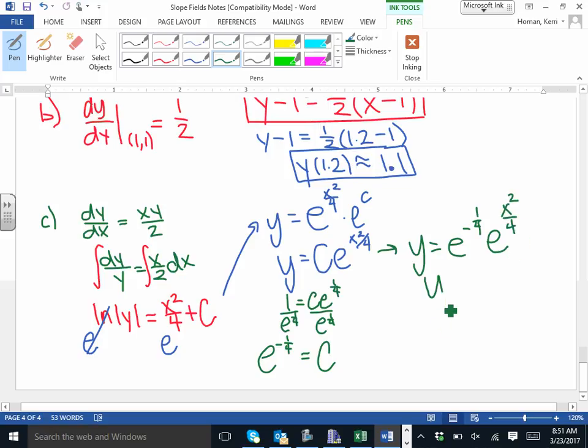Okay. And we know that since we're multiplying, we can add those exponents together. Okay? With your calculator, we can actually now plug in 1.2 to get what it really would be.